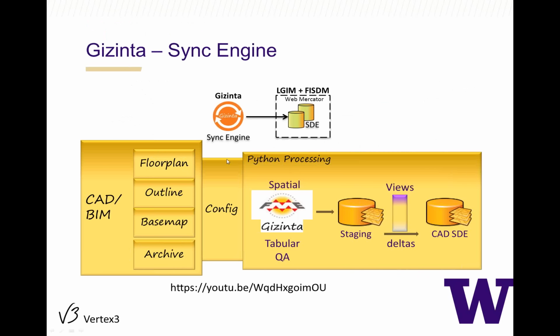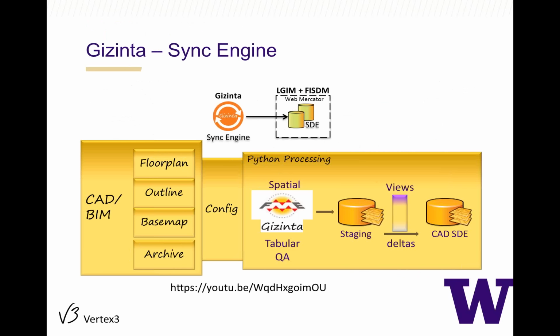So the real brains behind the whole Sync Engine is the config files. It's a set of XML configuration files that are able to map the CAD inputs to the final database outputs. And there's a variety of config files by drawing type.